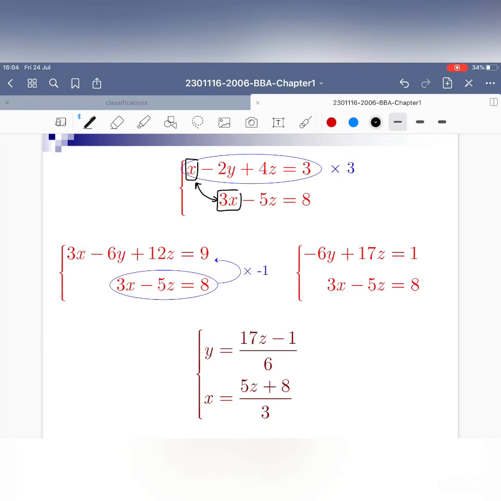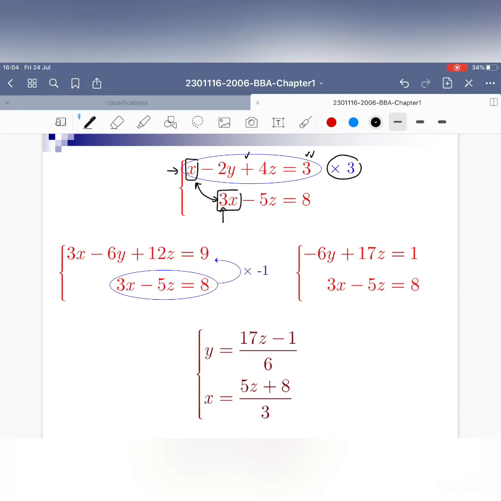For example, you may see that the first equation has a single x, but the second equation has 3x. So in order to get rid of, or sometimes we call it eliminate, the variable x, you are going to multiply your first equation, the whole thing on both the left hand side and the right hand side, by 3.